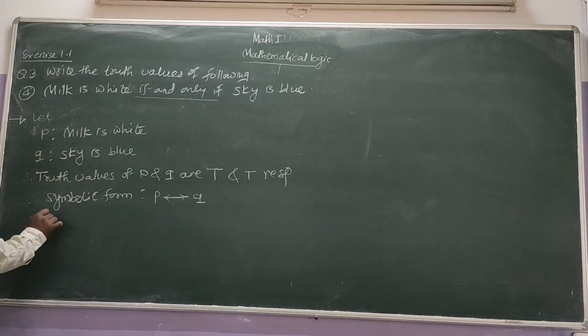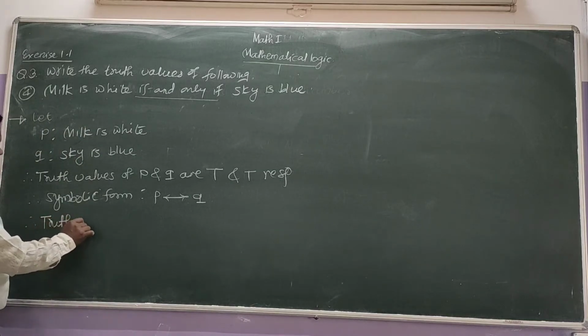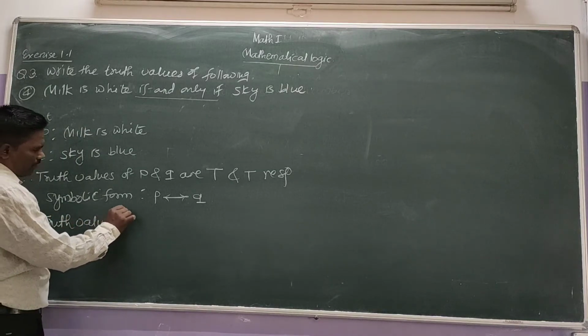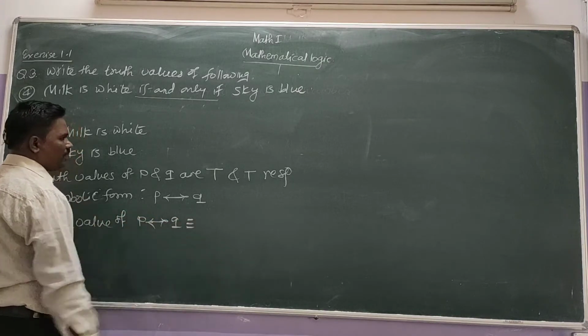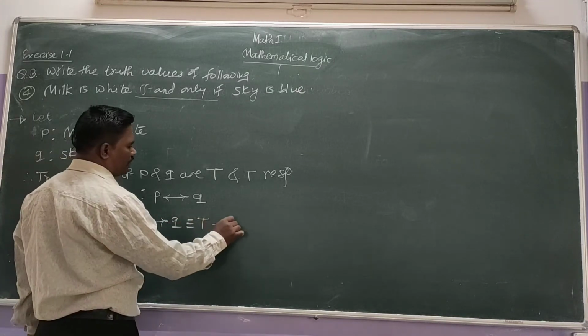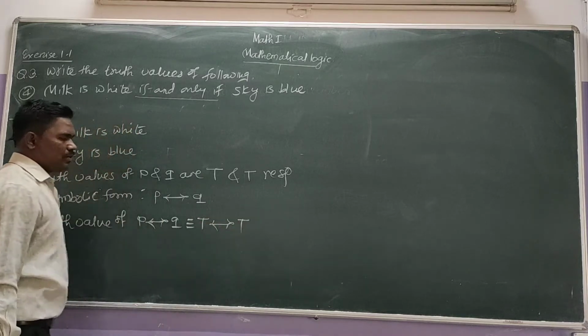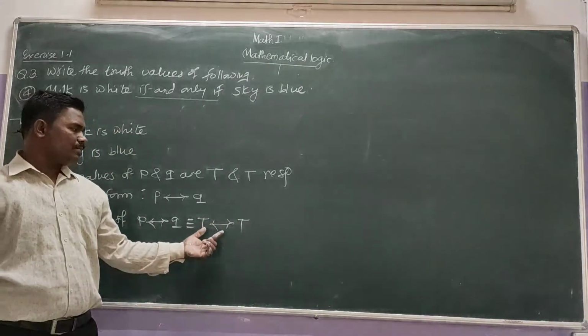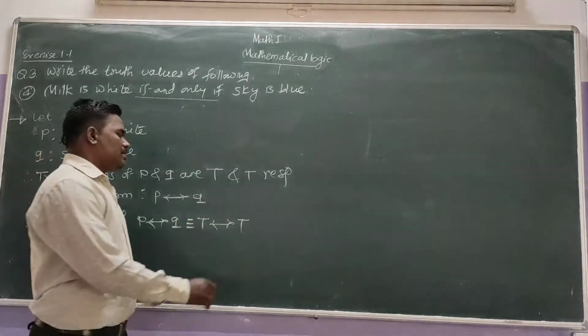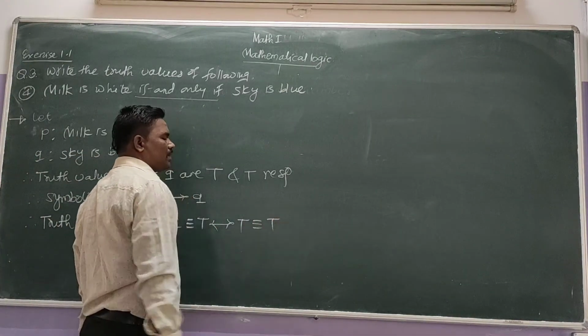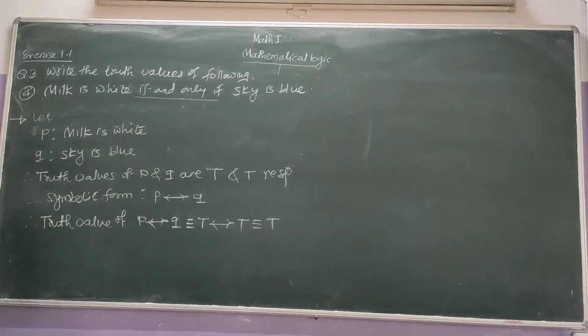Therefore, truth value of p if and only if q is: p is true if and only if q is also true. Therefore, using the definition of the biconditional, true implies true and true implies true, both are true. Its truth value is true.